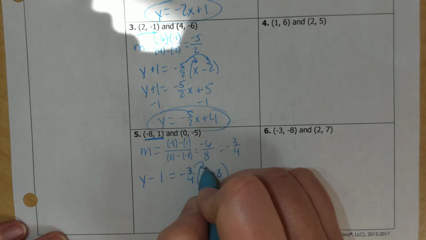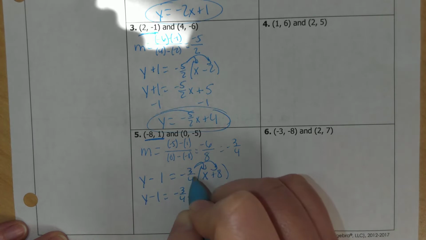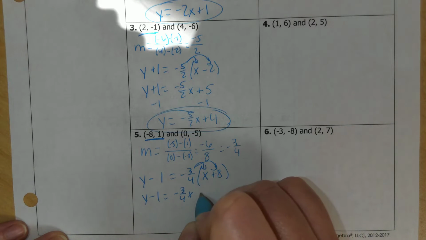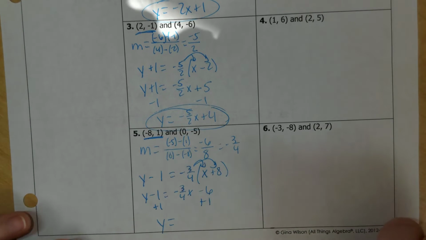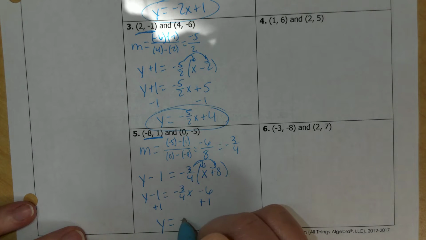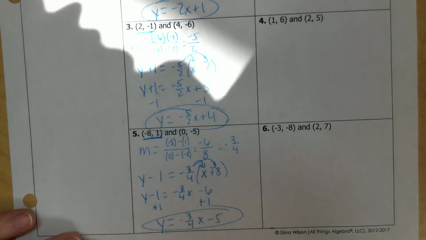And then I'm going to distribute this, negative 3/4 x, and then negative 3/4 times 8 becomes a negative 6, and then I'm going to add the 1. So I end up with an equation of y is equal to negative 3/4 x minus 5.